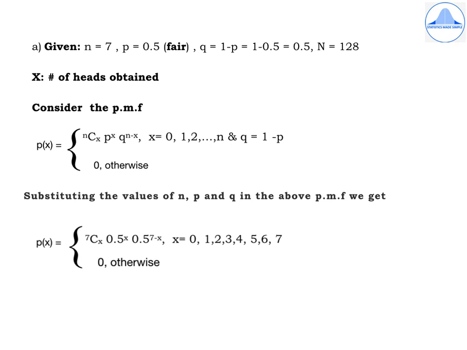Now substitute the values of n, p and q in the above PMF and we get the PMF as P of x equal to 7Cx 0.5 to the power x 0.5 to the power 7 minus x, where x takes the values 0, 1, 2, 3, 4, 5, 6, 7, 0 otherwise.